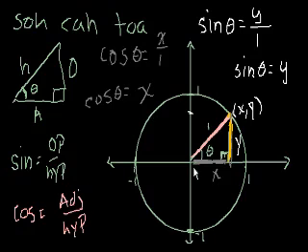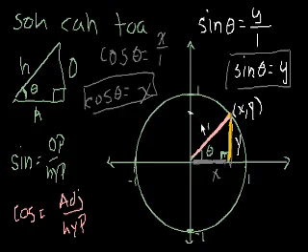I know what you're thinking. Sal, that's very nice and cute. Cosine of theta equals x, sine of theta equals y. But how is this really different from what we were doing before? Well, if I define it this way, now when the angle becomes, let's say, 90 degrees, I can actually define what sine of theta is.